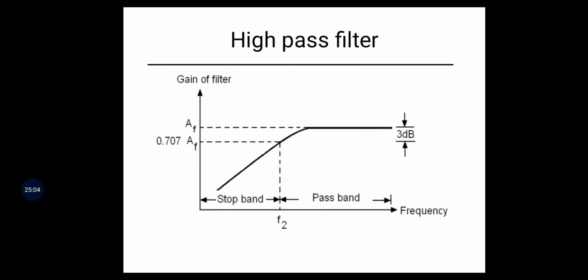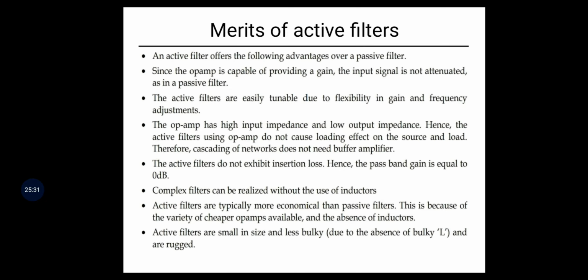The pass band frequencies are accepted by the circuit. So it allows only high frequency signals and rejects low frequency signals. That's why it is called a high pass filter.